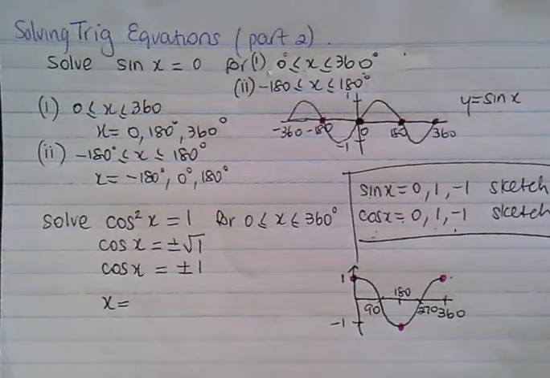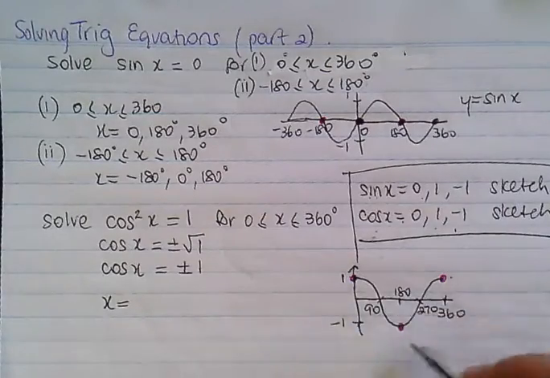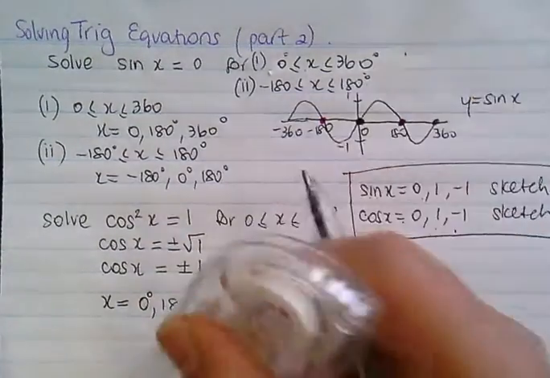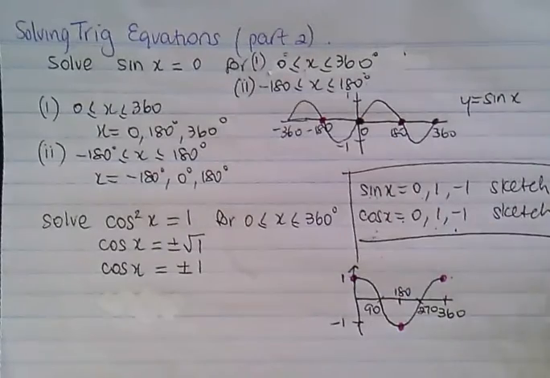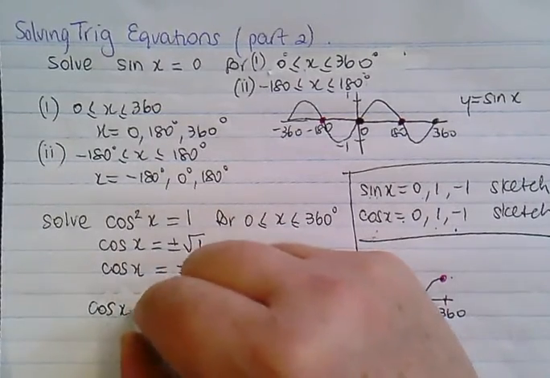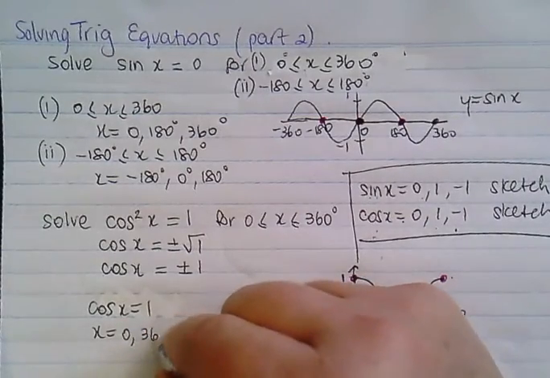If you're asked to solve cos x is negative 1, your answer will be 180. So for this, you've got 3 answers, and you can put them all together, or you can do them separately if you want. A lot of people like to do them separately: cos x equals 1 has solutions of 0 and 360.